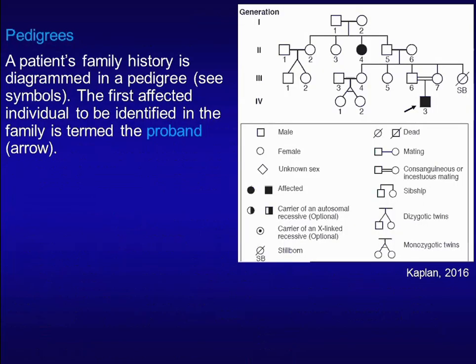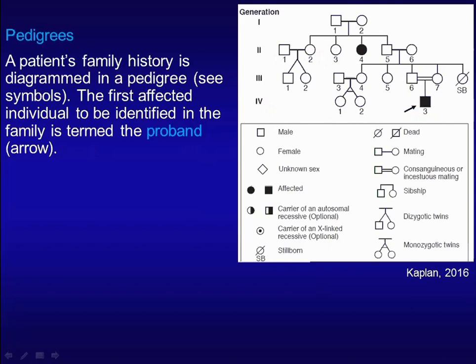A pedigree describes a patient's family history. The first affected individual to be identified in the family is called the proband, as indicated by an arrow. Here, we use a square to represent a male and a circle to represent a female.